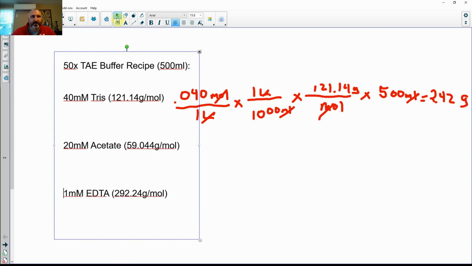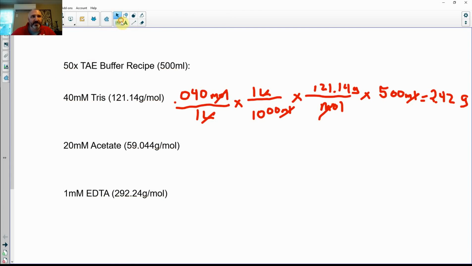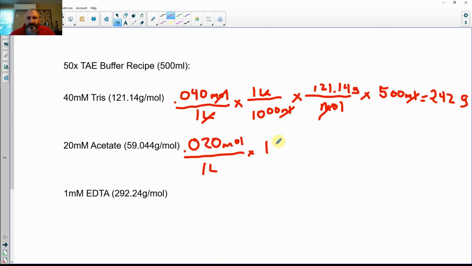So next, for the 20 millimolar acetate, we're going to do essentially the same thing. We're going to use the molar mass that is 59.044 grams per mole, and we have to convert again from 20 millimolar. We need it in moles, so 0.020 moles per liter times the conversion factor to get us out of liters, 1 liter over 1,000 mils.